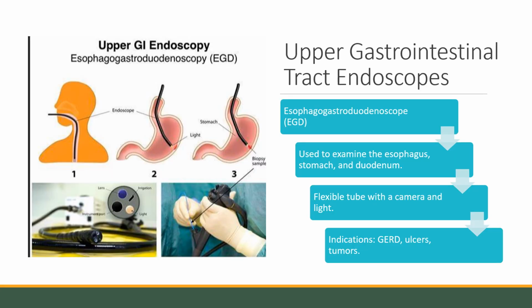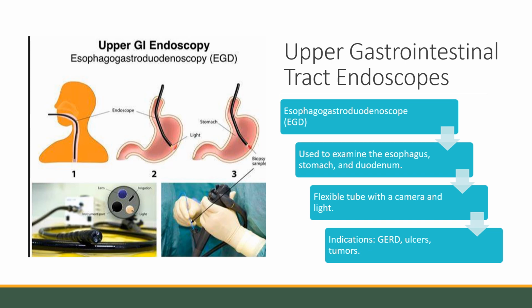So the first type of endoscope we are going to be talking about is a flexible endoscope. It is for the upper GI tract, or upper gastrointestinal tract. This one in particular is called an EGD. It is for visualization of your esophagus, which is esopho.